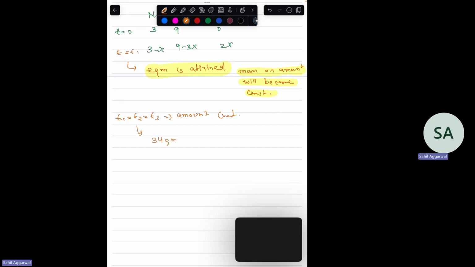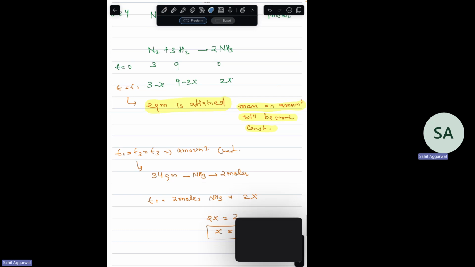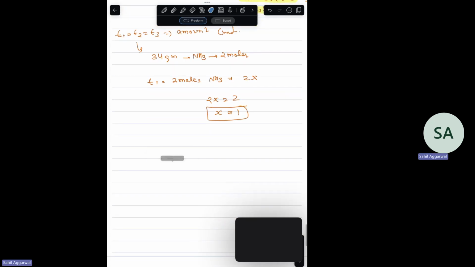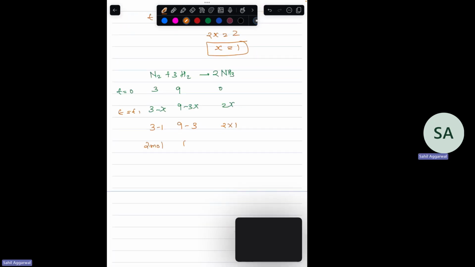T2 पर मिला है 34 ग्राम अमोनिया. 34 ग्राम अमोनिया का मतलब 2 मोल्स अमोनिया. तो T1 पे भी यही मिलेगा 2 मोल्स अमोनिया और अमोनिया हमारे पास है 2x. 2x इक्वल टू 2 मतलब x इक्वल टू 1. x की वैल्यू मिल गई तो यहाँ डाल देंगे. ये आ जाएगा 3 minus 1, 9 minus 3, 2 into 1 मतलब 2 मोल, 6 मोल एंड 2 मोल.